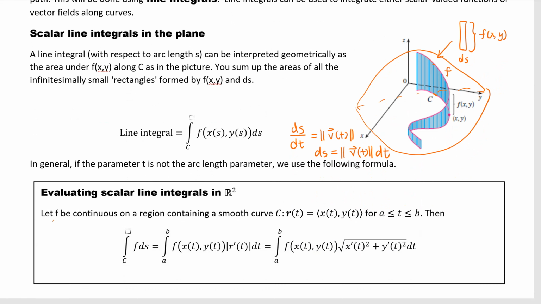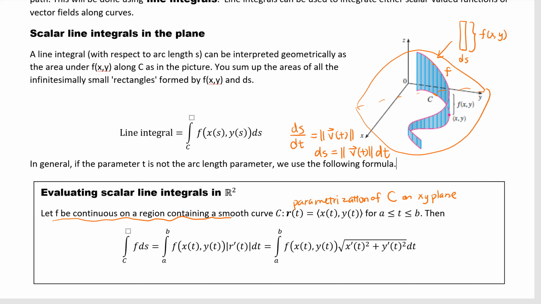Let f be a continuous function on a region containing a smooth curve, and here we have a parameterization for the curve. So gamma of t is the parameterization of the curve C on the xy plane, for a less than or equal to t less than or equal to b.